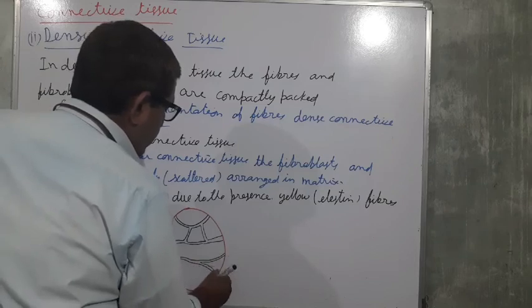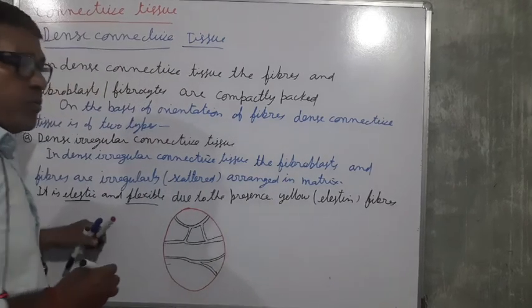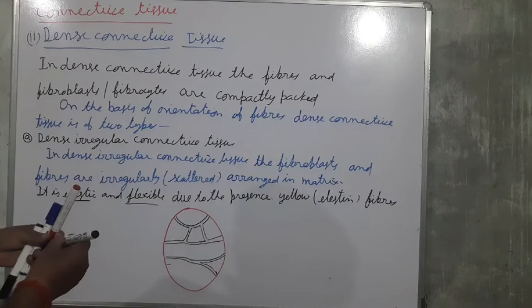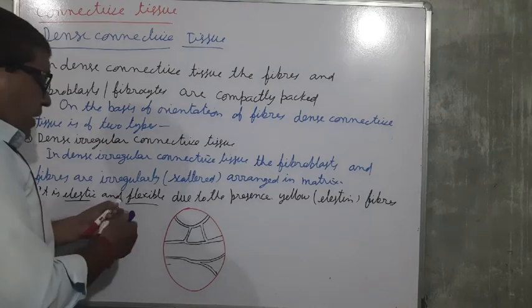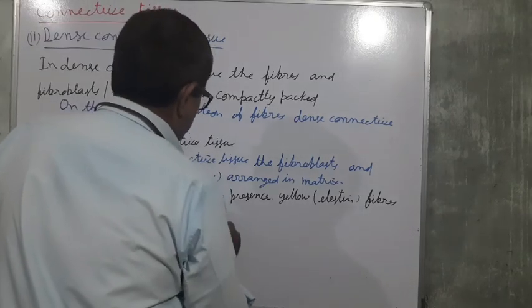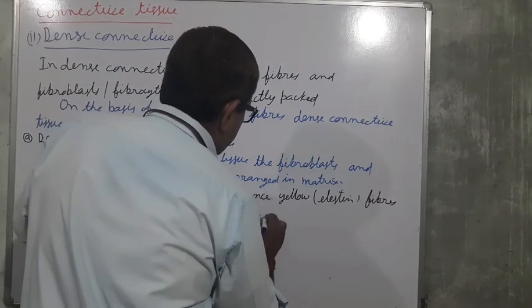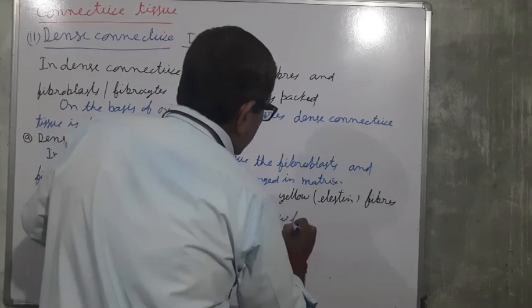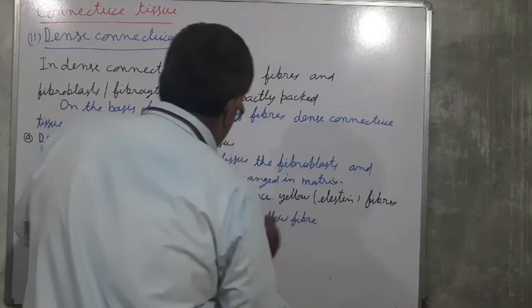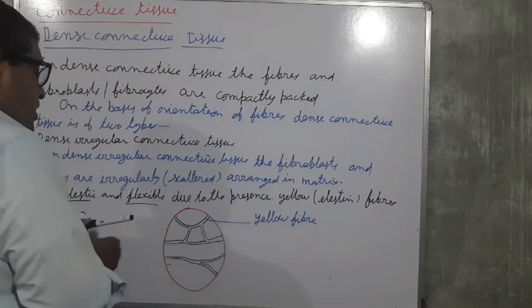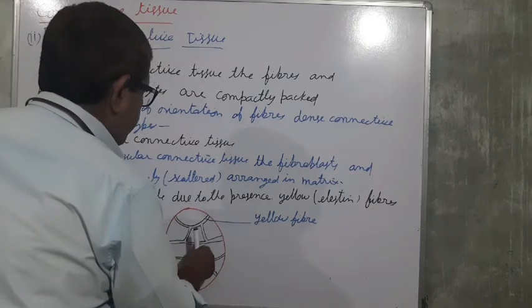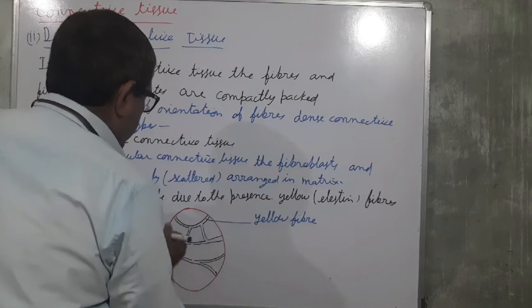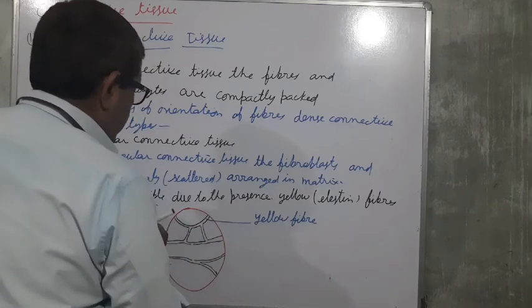And you know that these are modified areolar tissue. So most of the cells are found as these are the yellow fibers. These are the yellow fibers.